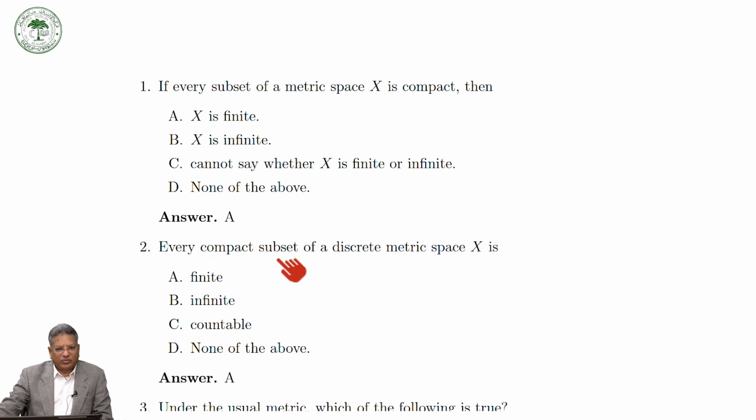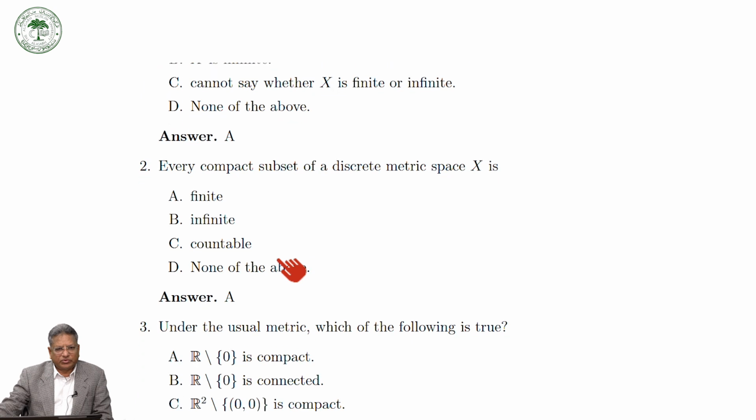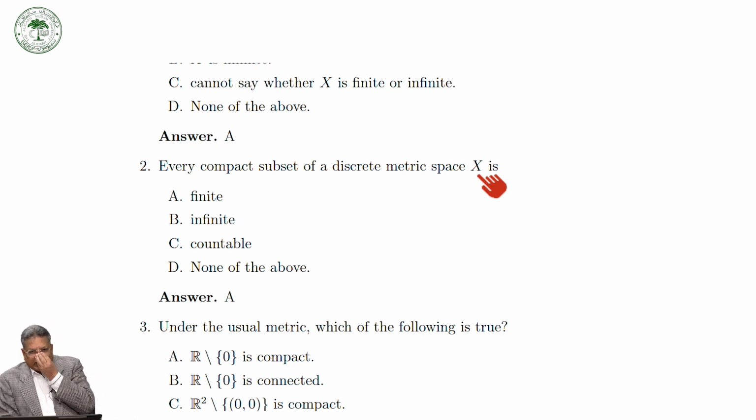Now let us take question number 2. Every compact subset of a discrete metric space X is finite, infinite, countable, or none of the above. Now you see, in a discrete metric space, singleton sets are open sets.